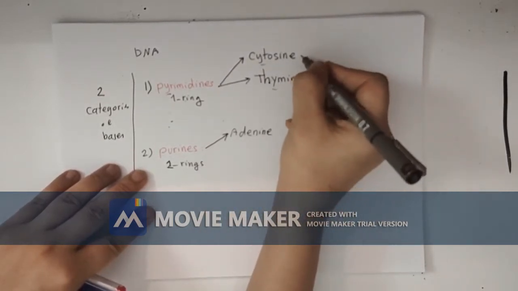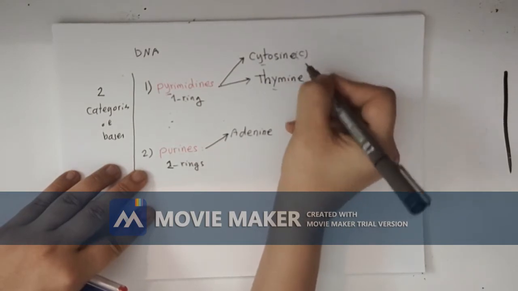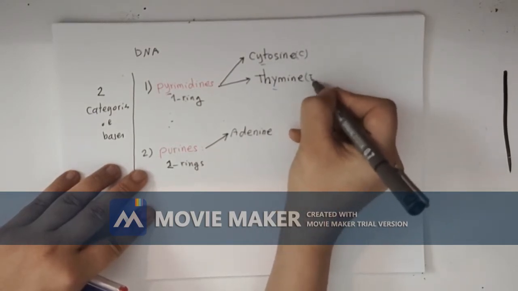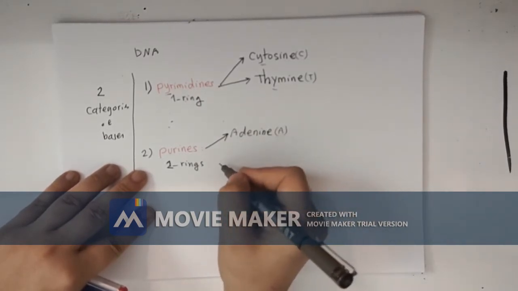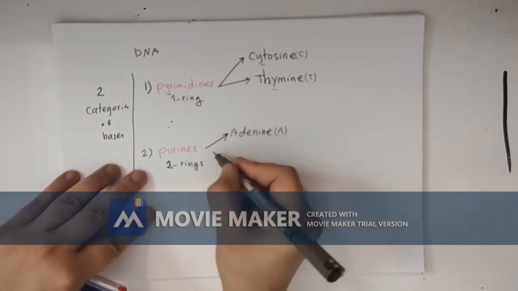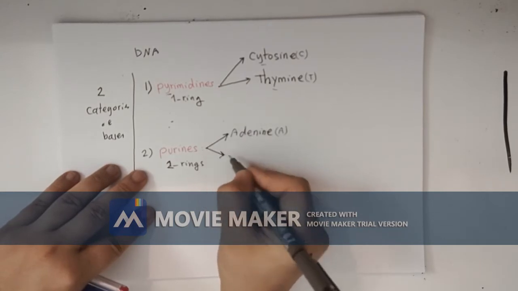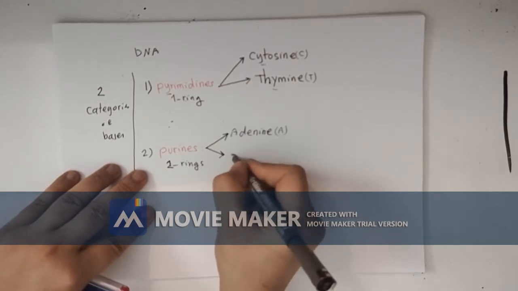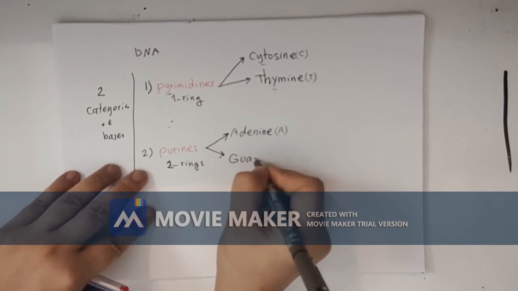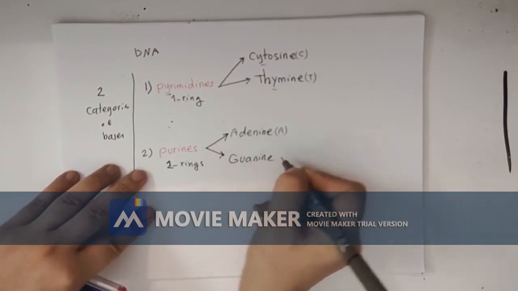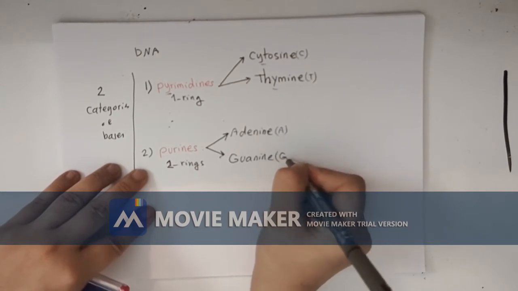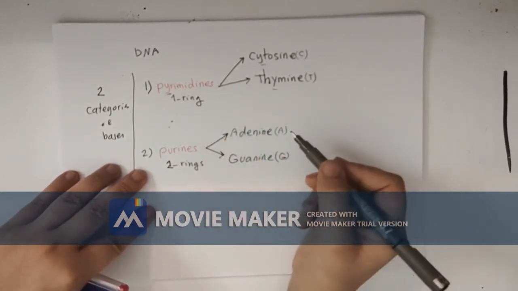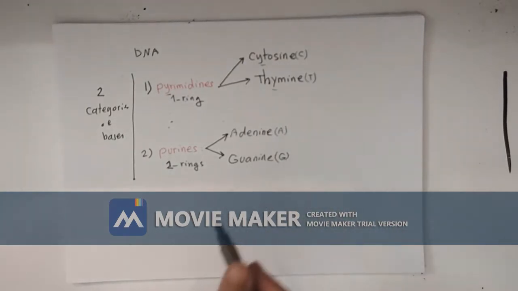For example, for cytosine, you can put C. For thymine, you can put T. For adenine, you can put capital A. Now, for the other one, it is guanine. You see, guanine and adenine don't have Y in them, so you can easily know that they do not belong to pyrimidines. They belong to the purines, and they have 2 rings.